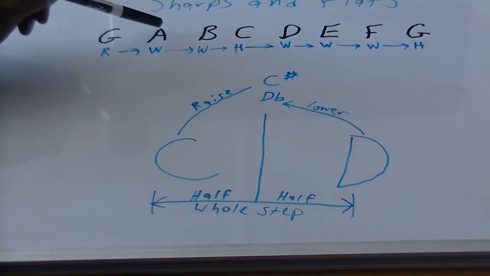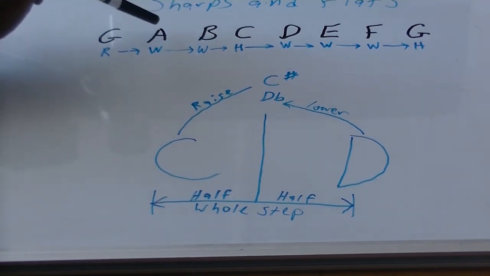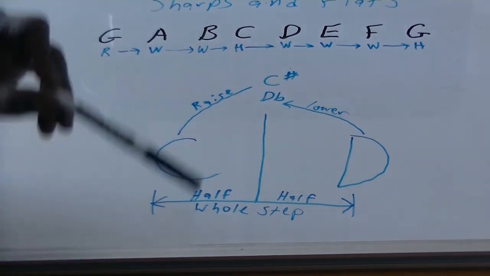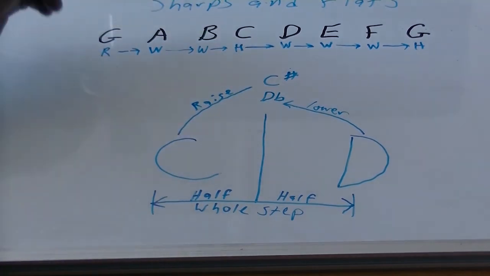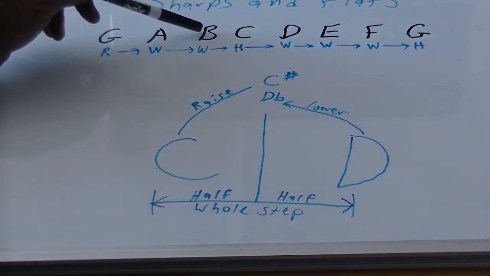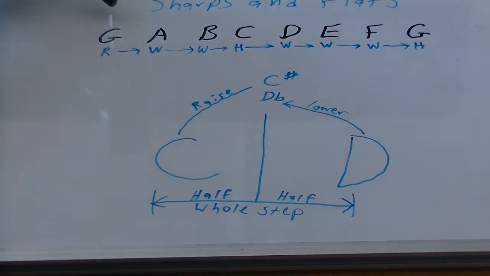Hopefully you know by now that from A to B is a whole step, so the B is correct. From here, we need to go up a half step. We're at B, and if we go up a half step, we get to C. So far, all these notes correctly fit this interval sequence.